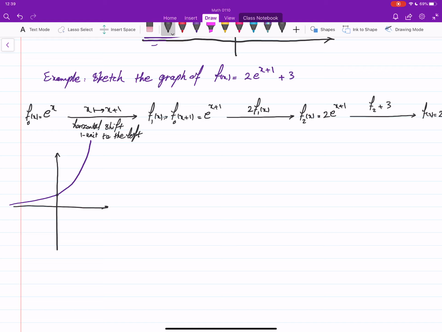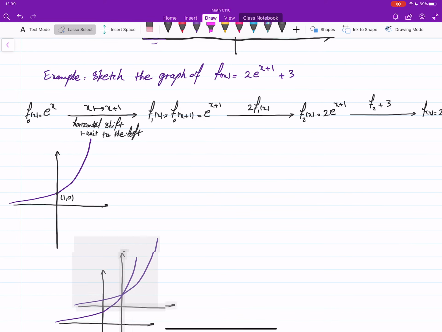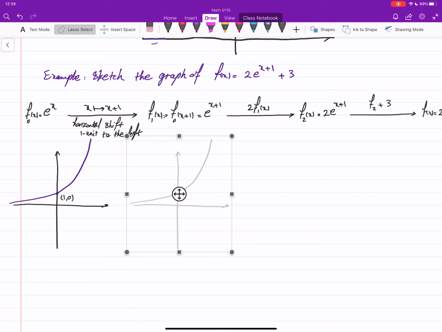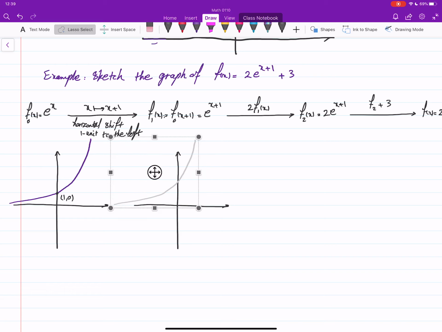If we start with this point (1, 0) here, then I need to do the shift. Shift to the left 1 unit. So this will come almost here. And if I keep track of that point, this will now be (negative 1, 1). This is the first step.